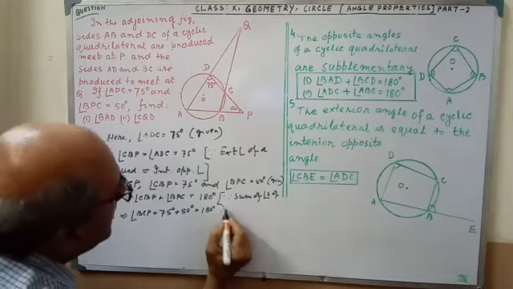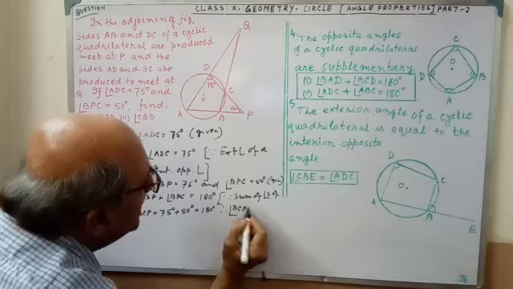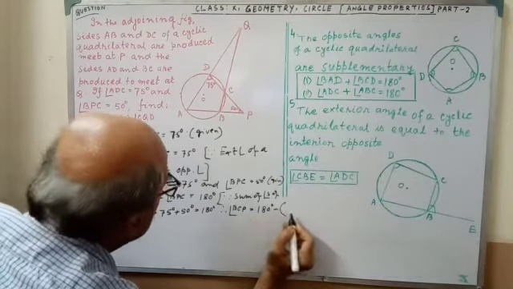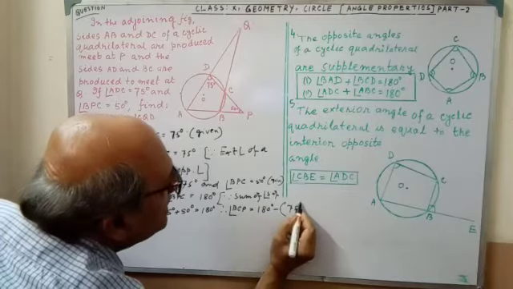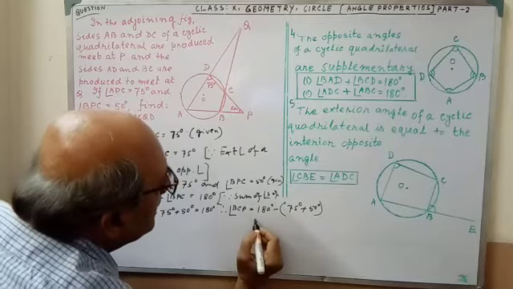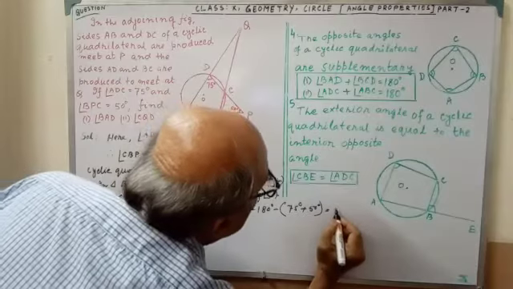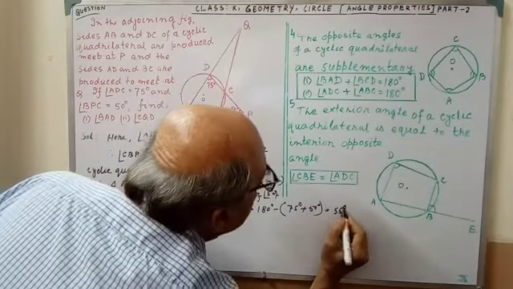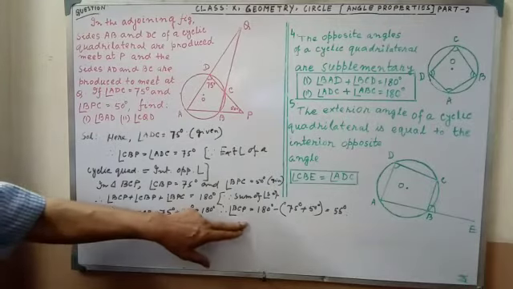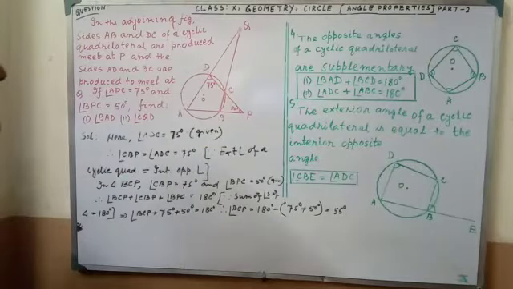Therefore angle BCP equals 180 degrees minus (75 degrees plus 50 degrees) equals 55 degrees. This angle BCP is 55 degrees.